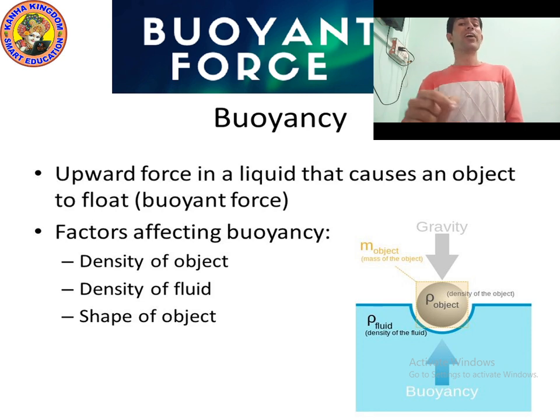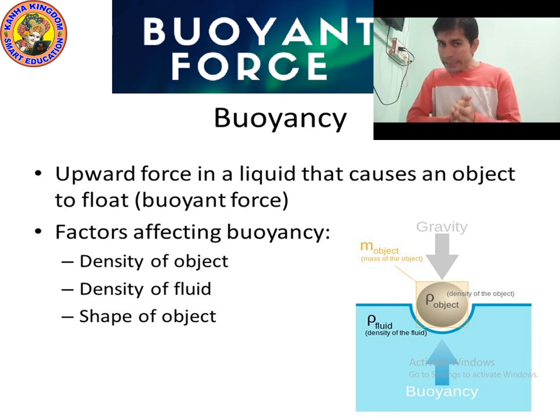You know, why does a nail sink in the water, but the ship is very heavy and still floats? The reason behind it is density. The density of the ship is less in comparison to the liquid, but the density of the nail is more in comparison to the liquid.